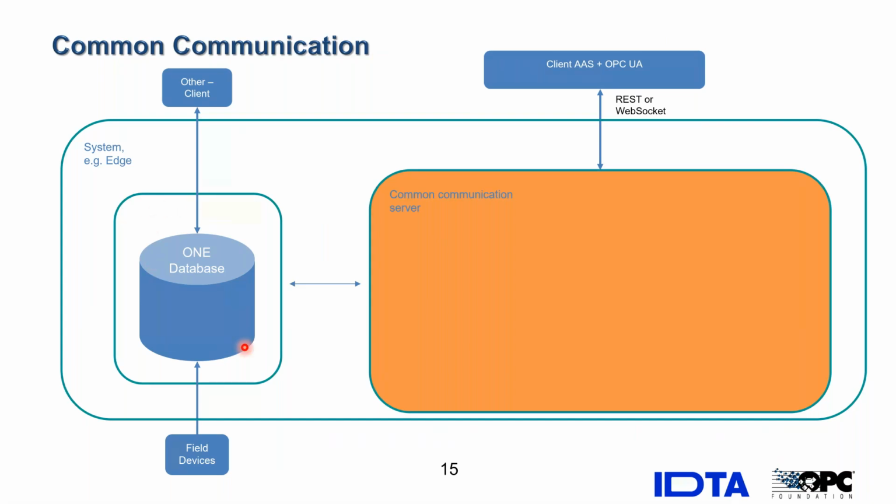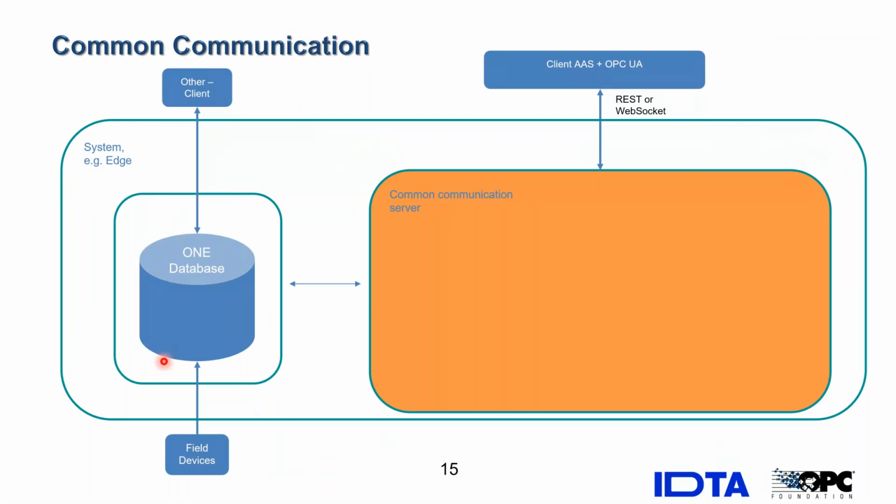That is what I explained already, that we combine any information in one database and realized in an OPC UA meta model. And this can be part, for example, inside an edge or whatever. And normally you have such a database inside your system. If not, you can have it there. And so you can have other clients that can access it, but that's not the focus for today.